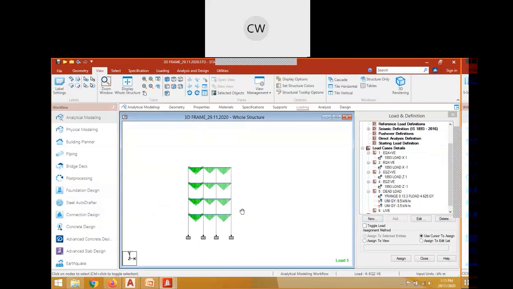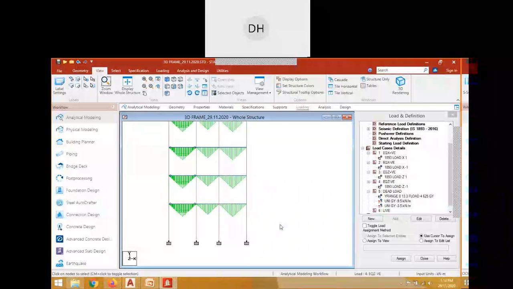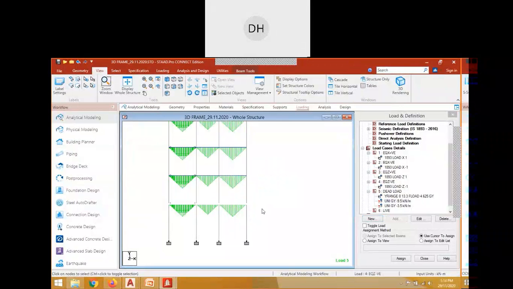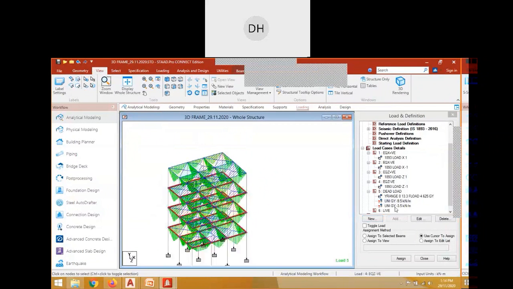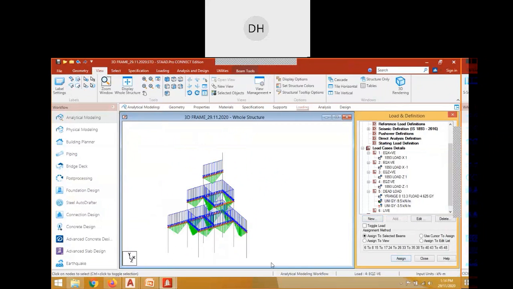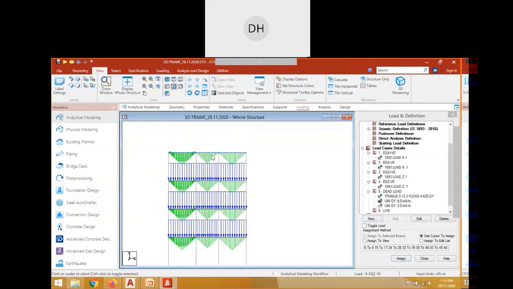So I will go to the view and side view. For all levels I will assign this 9.5 as a wall weight. So select these levels like this, control 1, 2 and 3. Okay, you can check whether all three levels are selected. Yes, all selected. Say go to this, say assign, yes.